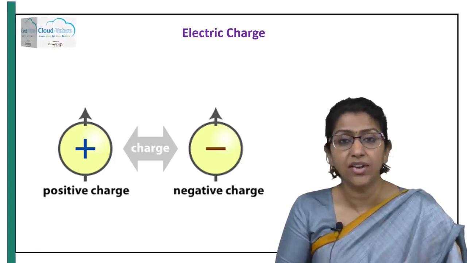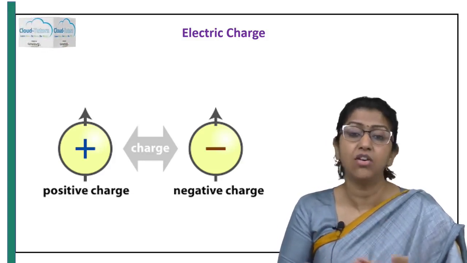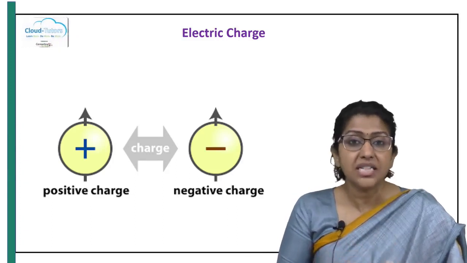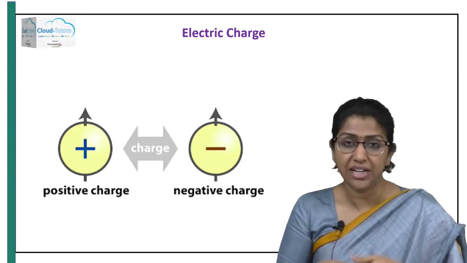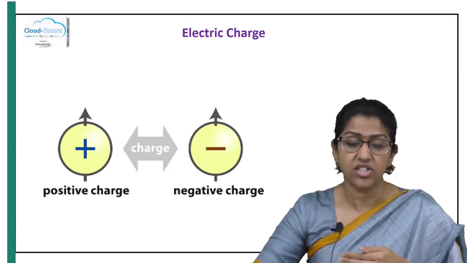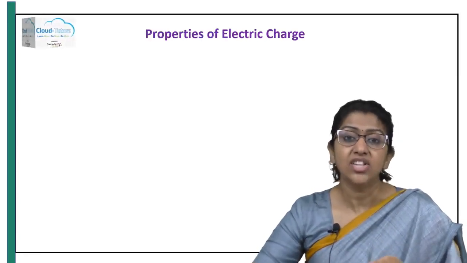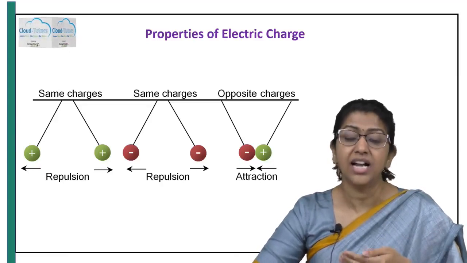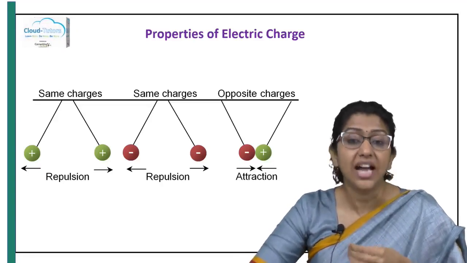Electric charges are usually of 2 types or 2 kinds. One is positive, another is negative electric charge. The fundamental property of an electric charge is that like charges repel each other and unlike charges attract each other.